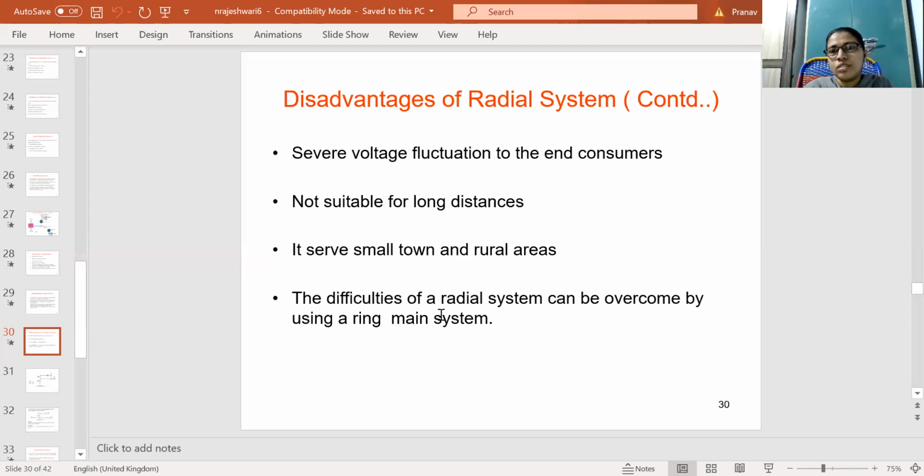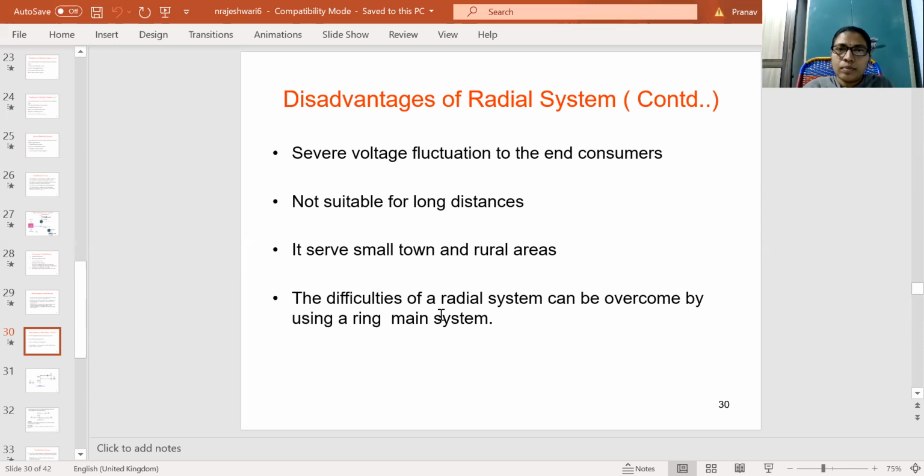Voltage fluctuations to the end consumers are severe, and over long distances, this radial distribution system is not suitable. It supplies only small towns and rural areas. So the difficulties of radial system can be overcome by using ring main systems.